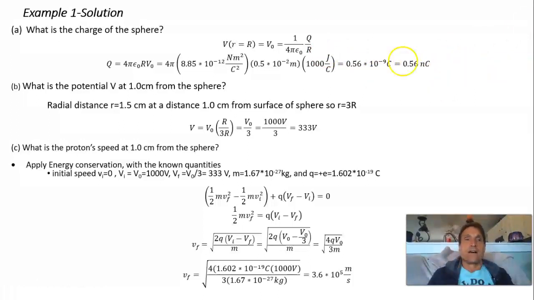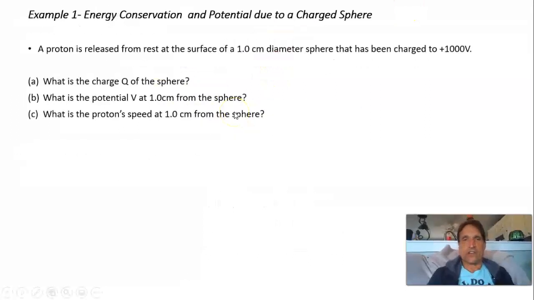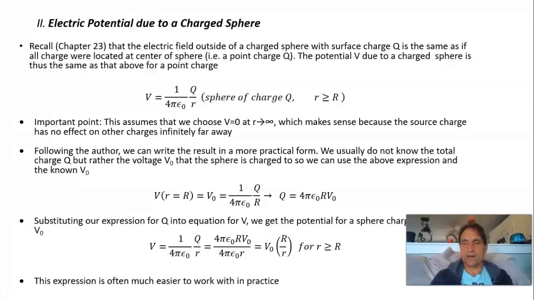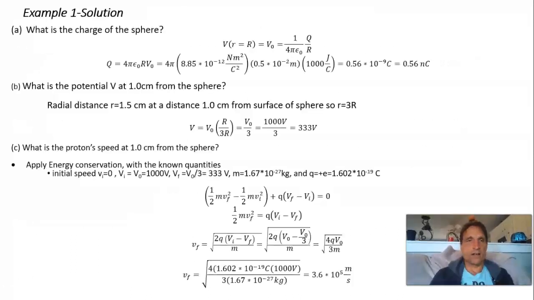Now let's calculate the potential at some distance 1 centimeter from the sphere. We can use this equation right here. If we know the potential to which the sphere is charged and we know the radius of the sphere, big R, we can calculate it for any distance, little r, from the center of the sphere. So we plug that in.